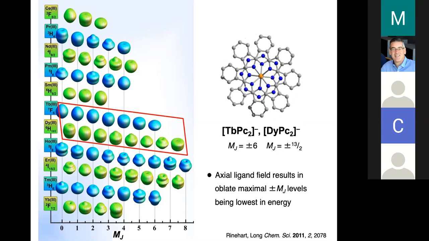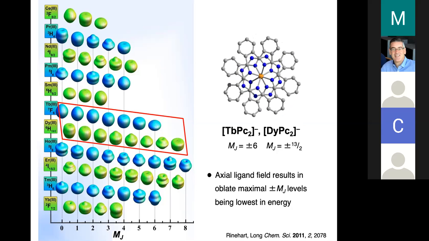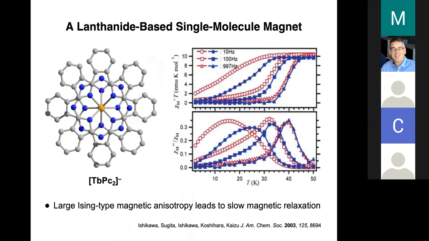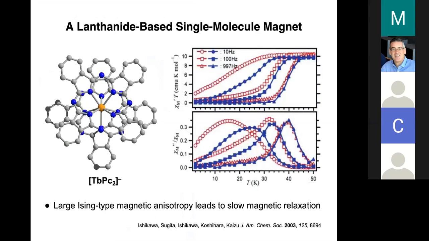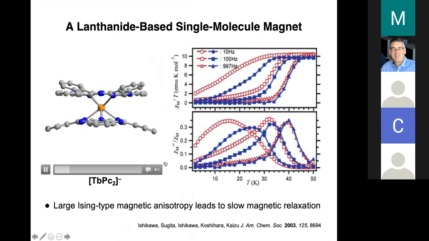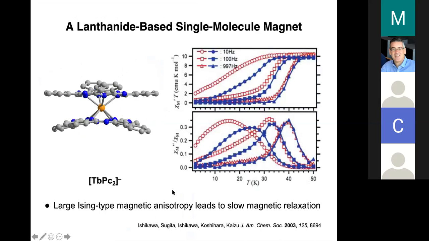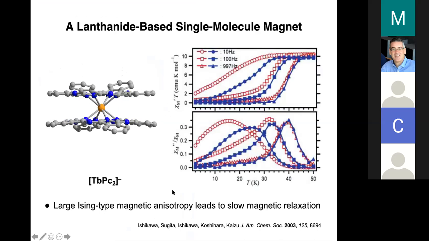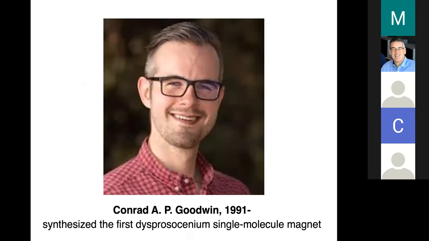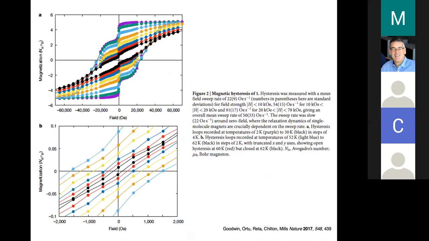I had a quick question. I think just a few slides before about the lanthanide-based single molecule magnet. You said, I might have misheard, but you said that this one does not show hysteresis? That's right. Well, it shows very strong tunneling such that you don't retain polarization at zero field.